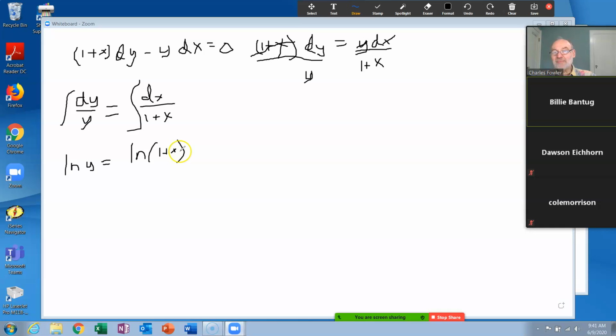Now, does it have to be a c? No. Is this a constant? Is natural log of c a constant? As long as c is not 0 or negative, it is. Right? That's just a number.